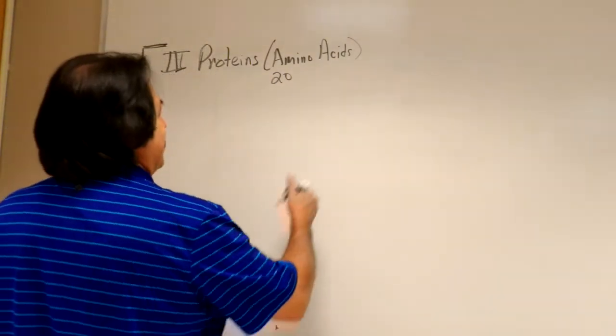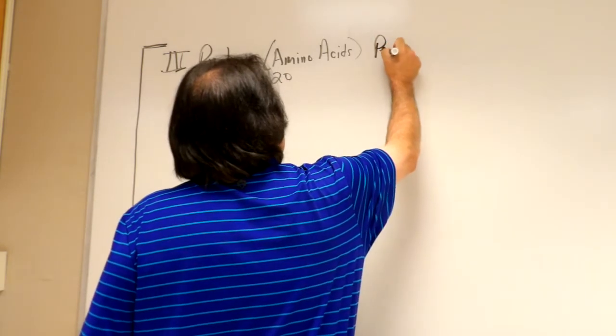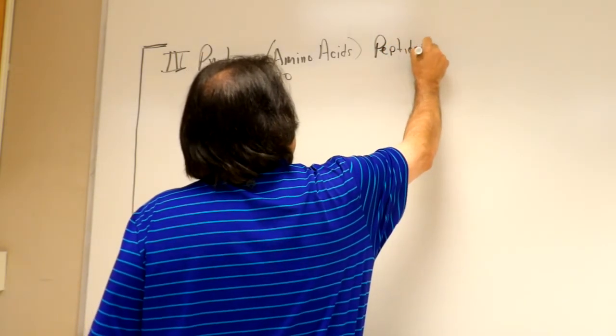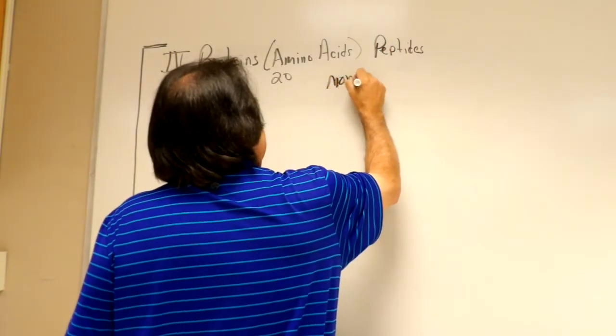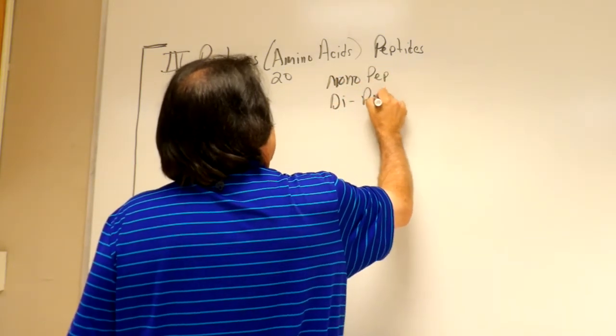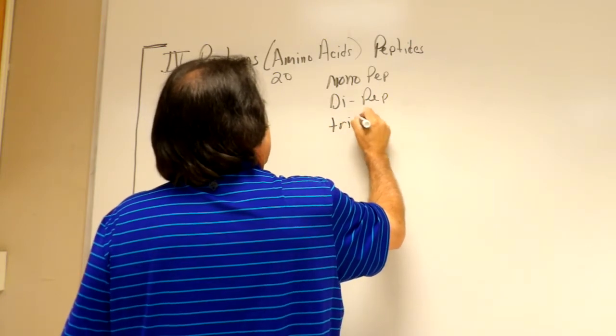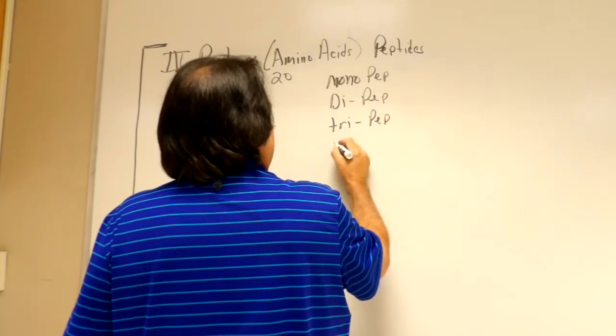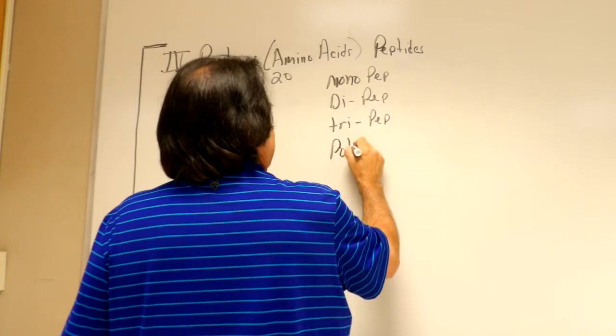All right, amino acids are also known as peptides. You can have a monopeptide, you can have a dipeptide, you can even have a tripeptide, and you can even have what's called a polypeptide.